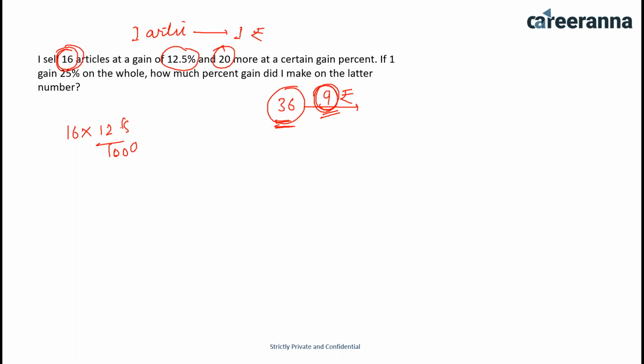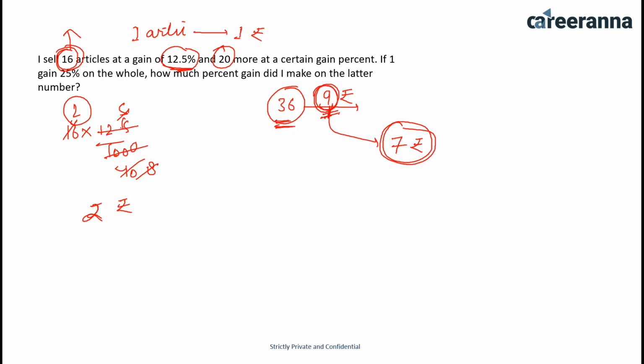Can we solve it? That is 2. That means by selling 16 articles at 12.5% gain, I got only 2 rupees out of these 9. So I need 7 more to make it 9.